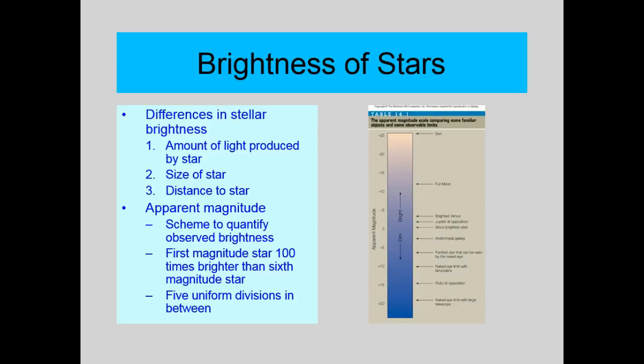Now, the dimmest star we can see out there, it's the naked eye limit. Oh, wait a minute. No. Farthest star that can be seen with the naked eye, this is 6. So there's 100 times difference between 0 and 6. Okay? But if you have binoculars, you can go up to 10.